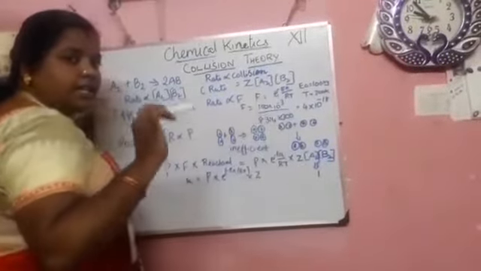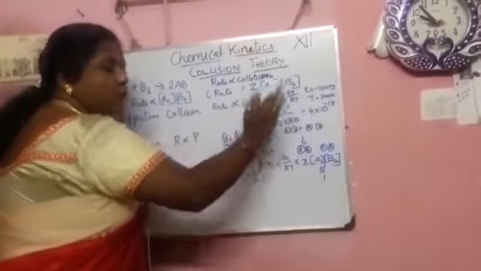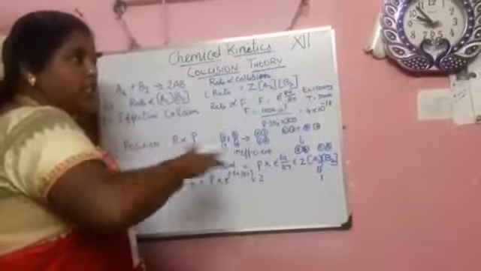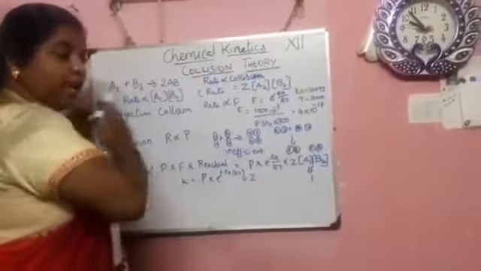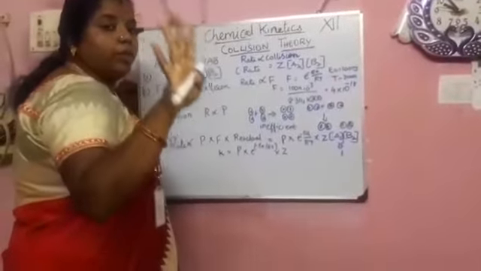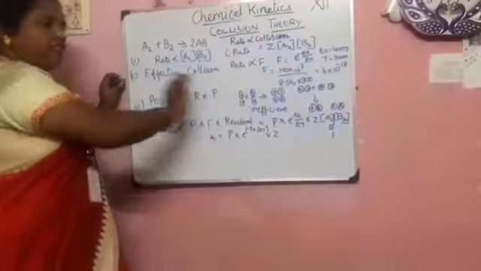We know R, the gas constant, is 8.314. Substituting, we get 4 into 10 to the power of minus 18. That means with 18 zeros, only 4 molecules will be in a very effective collision. So the second thing is effective collision.